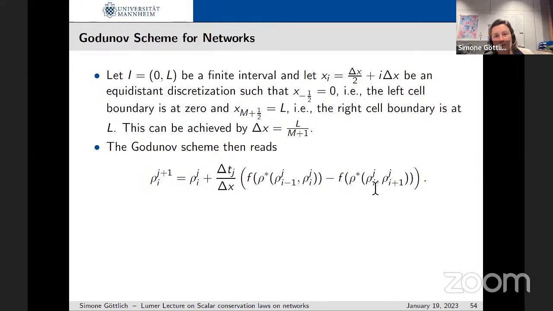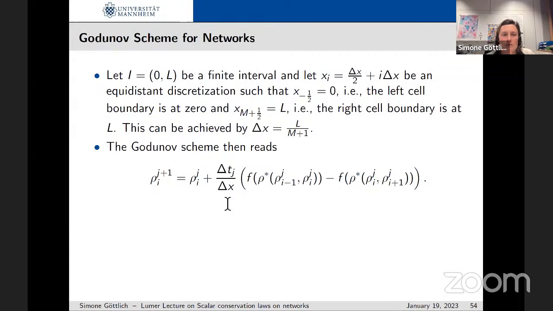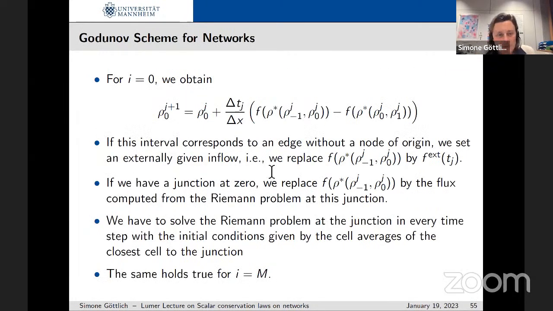So again, we have to set up the discretization for the space X and the time T. And this is the scheme we already know somehow. But maybe we can go through one or two special issues that might occur.